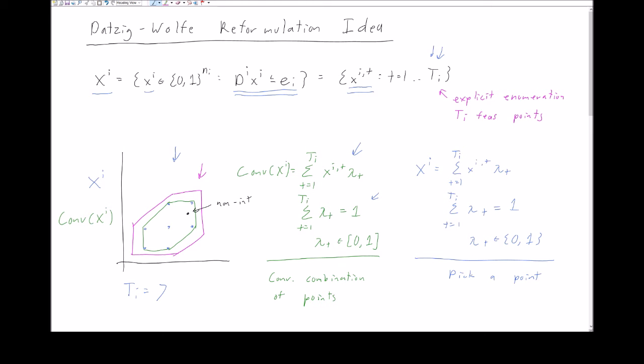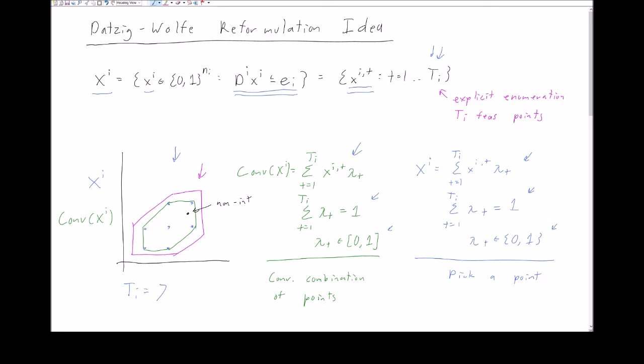Instead, we need a formulation for capital Xi, but it turns out that this is actually very similar and particularly trivial. In this case, what we need to do is again write a convex combination of Xi, limit our multipliers to be convex, that is, they sum to 1, but instead of having them slide over a range between the values of 0 and 1, we force the multipliers to be either 0 or 1.